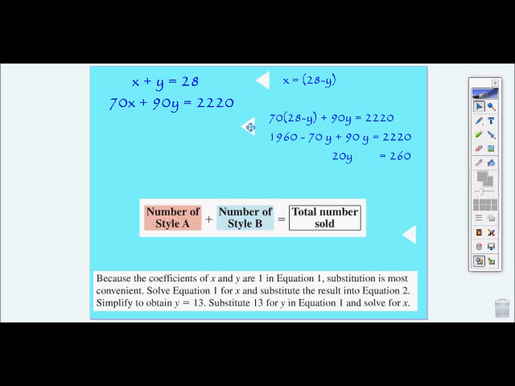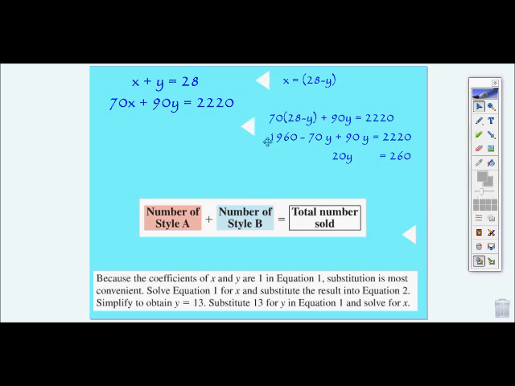This is a method of solution because now we have an equation that involves only one variable. We distribute the 70 to the quantity that replaced x, which gives 1,960 minus 70y, plus the 90y we already had, equals 2,220. Now we have some like terms to combine.